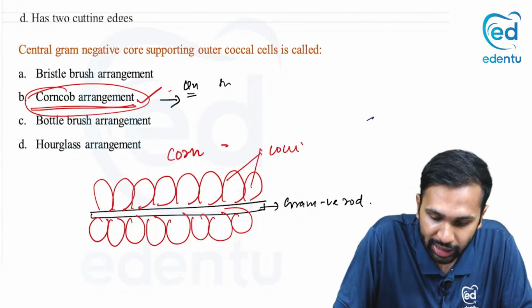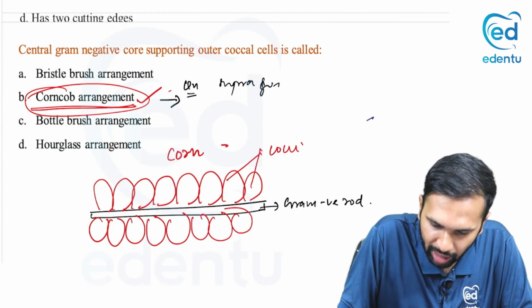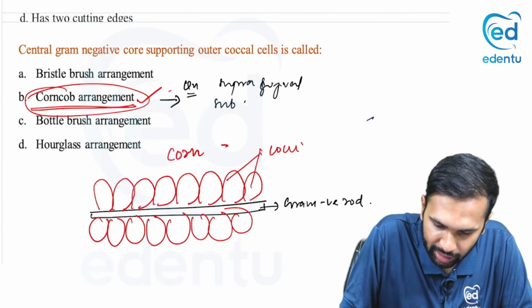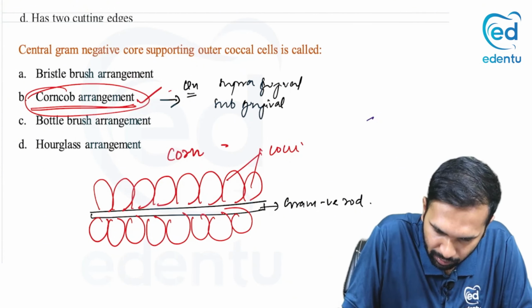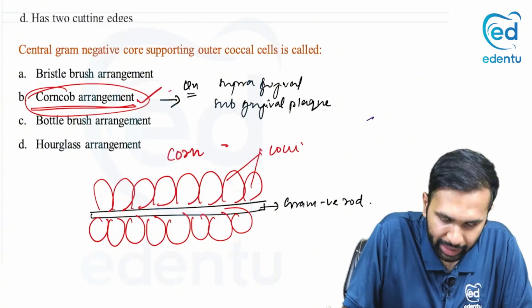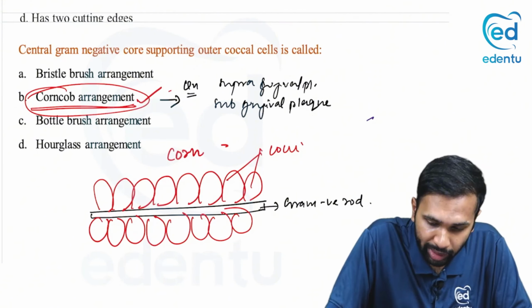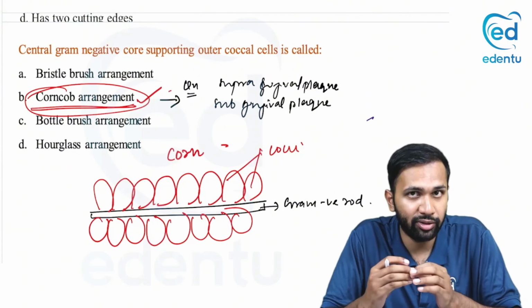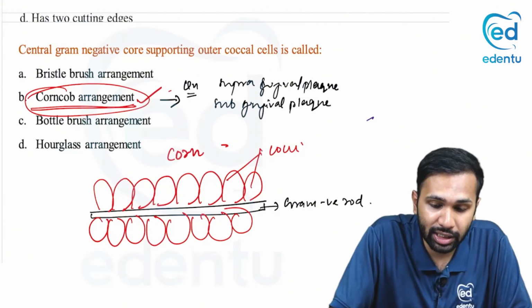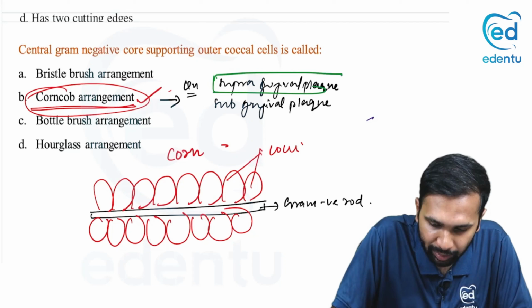Is it seen in supragingival plaque or subgingival plaque? The corn cob arrangement that I've drawn in the diagram is a characteristic feature of supragingival plaque.